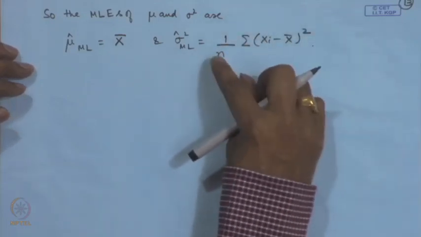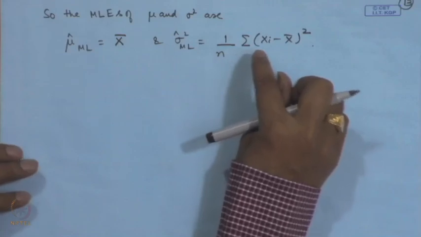In this case, you may notice that these are the same as the method of moments estimators for this particular problem. But once again, as I mentioned earlier, the method of maximum likelihood can take care of many other possibilities also.